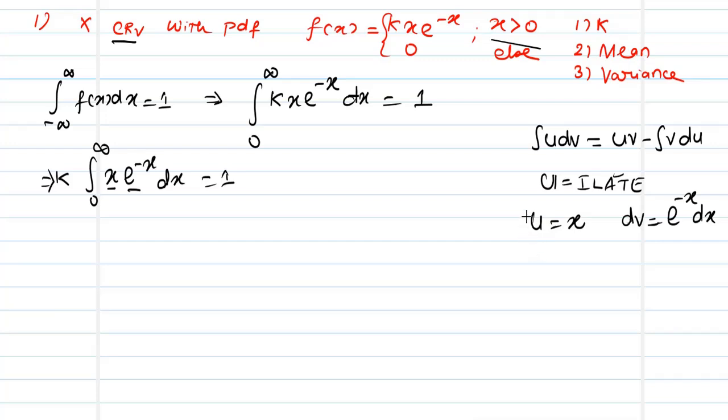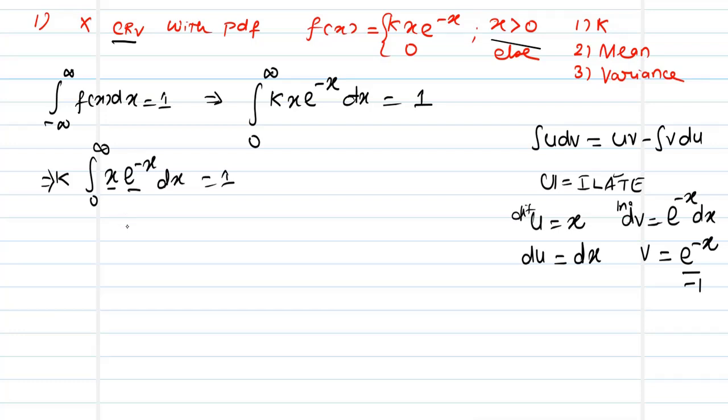Now u has to be differentiated and dv has to be integrated. What happens to du? du will become equal to dx, and after that the derivative will stop. And v, on integration of e power minus x, is e power minus x divided by minus 1. So we can use uv.